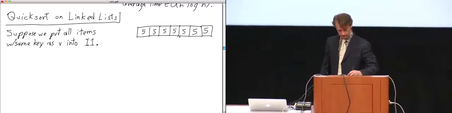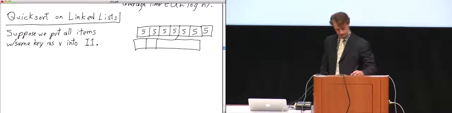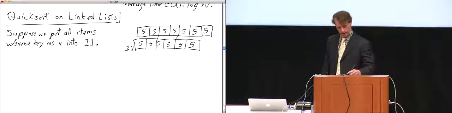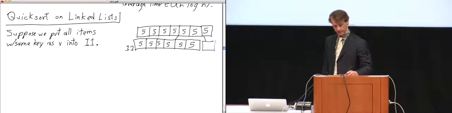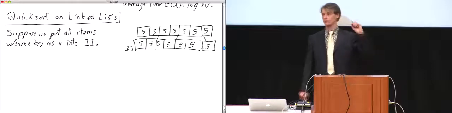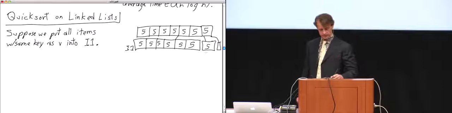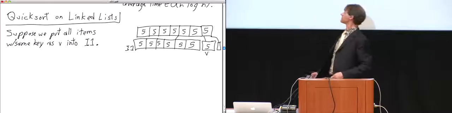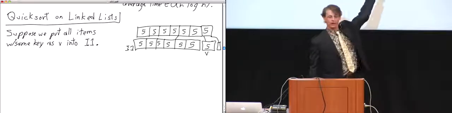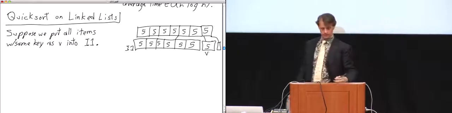Well, then all these 5s are going to go into I1. And the pivot goes out separately, and thank goodness for that, because otherwise this would run forever. And I2 will just be an empty list. And so now you've got a recursive quicksort call on those 5s.